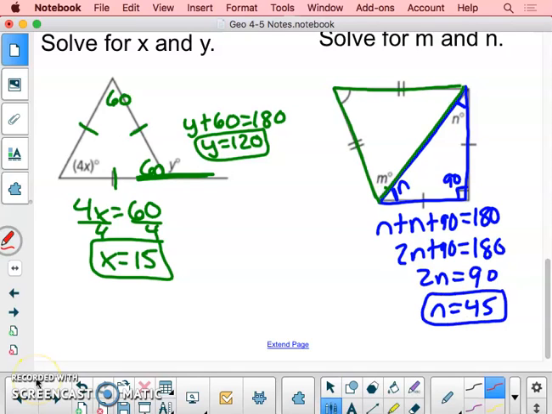And in this problem, n being 45 is helpful. Since there's one arc on this one, that means I can put a 45 up here and do the same type of situation. These two m's have to be the same.